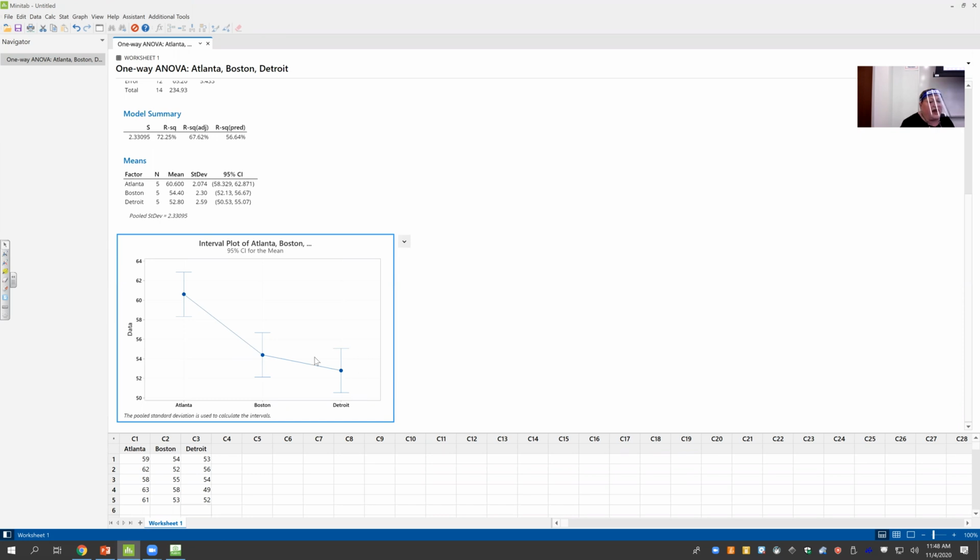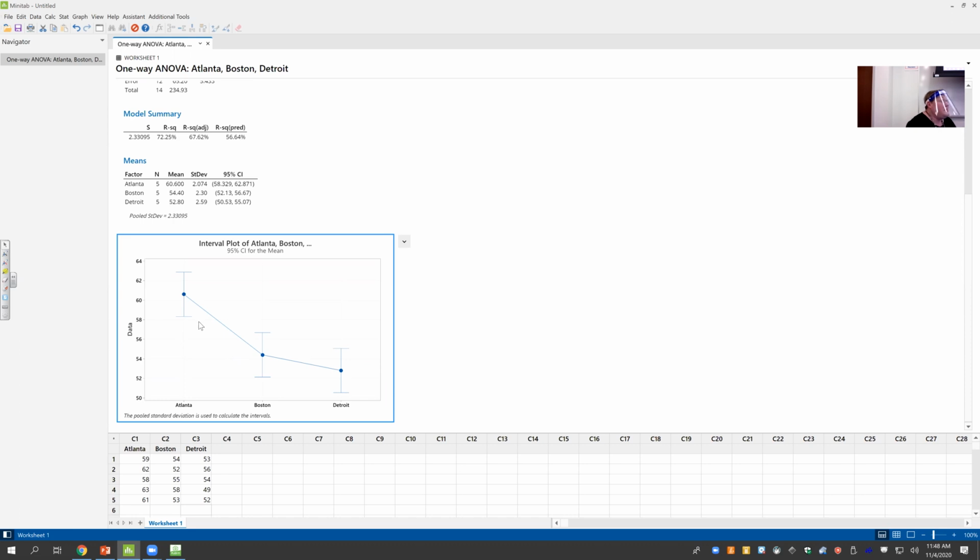This graph shows the mean is the dot, and then the lines out from it are your confidence intervals. See how Boston and Detroit overlap? So they kind of have some in common. But see how Atlanta doesn't overlap. It might overlap a little bit with Boston, but I doubt it.